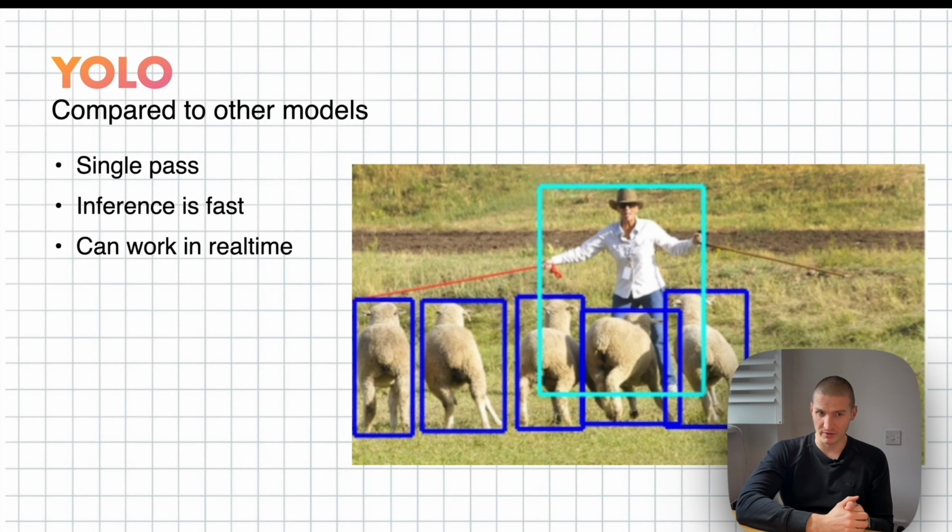So compared to other models, YOLO, which stands for you only look once, the main difference is the speed and just the simplicity of the process. For example, one of the previous algorithms, called the sliding window approach, would do something like also dividing the image into a grid.